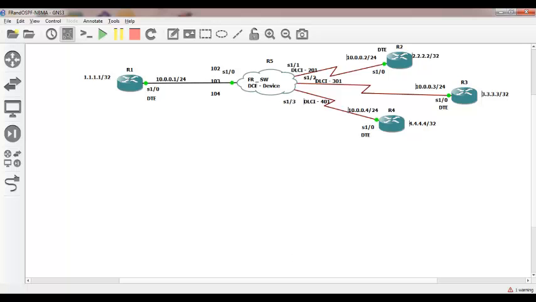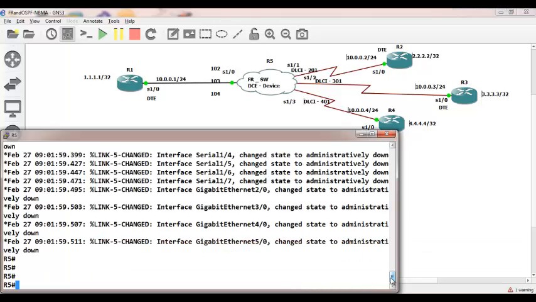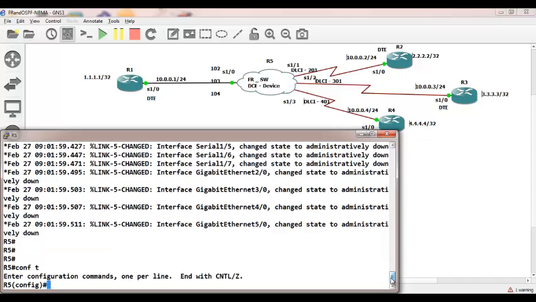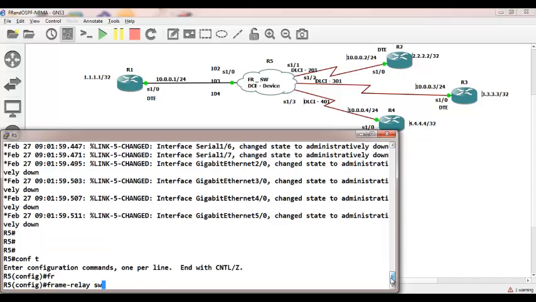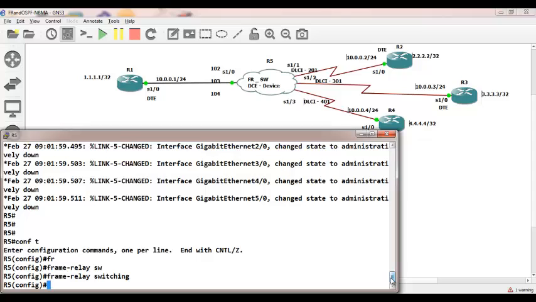Let's go. First thing is frame relay switching. This command needs to be given to enable frame relay switching. The routers don't run the frame relay switching engine by default.